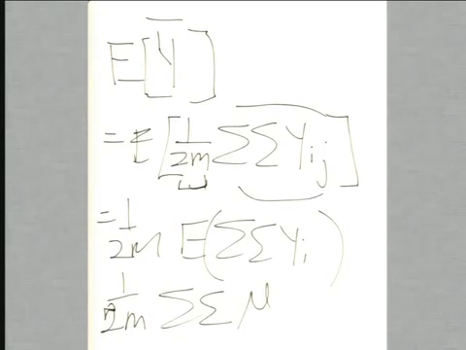So that means that I'm going to have 2m times mu over 2m, or this is going to be equal to mu. All right, that is just the exercise that shows, when you do this exercise, that in this model, I have an unbiased estimate of my parameter of interest, mu, by taking the sample average.